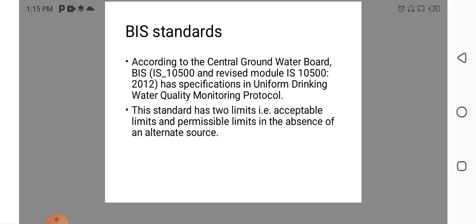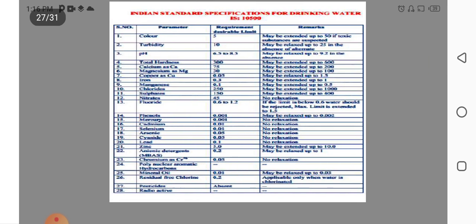According to the Central Groundwater Board, IS 10500:2012 has specifications for uniform drinking water quality monitoring and control. This standard has two limits: the acceptable limit and the permissible limit in the absence of an alternate source.